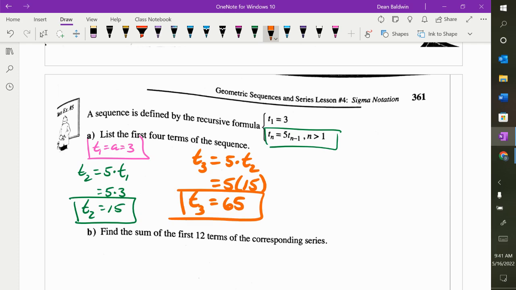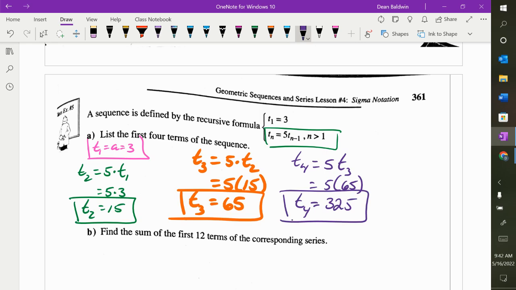And they want us to do the first 4, so we'll just do the first 4. T4, I put 4 in, it's going to be 5 T3, which is 5 times 65, which is 325. Does that make sense to everybody? You're just plugging in n is equal to 1, n is equal to 2, n is equal to 3.